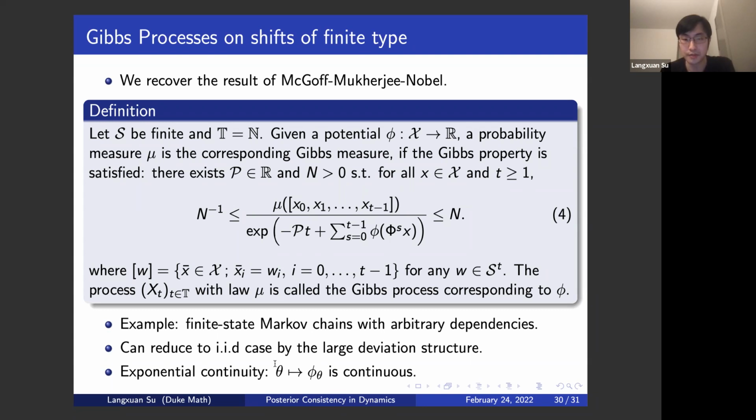We just need to assume that the parametrized family of potentials is continuous, the map is continuous with respect to maybe some Hölder class, or the Gibbs measure here is unique with respect to any potential. And then when we have this continuous parametrization of potential, we also have the exponentially continuous parametrization of the family of Gibbs measures.